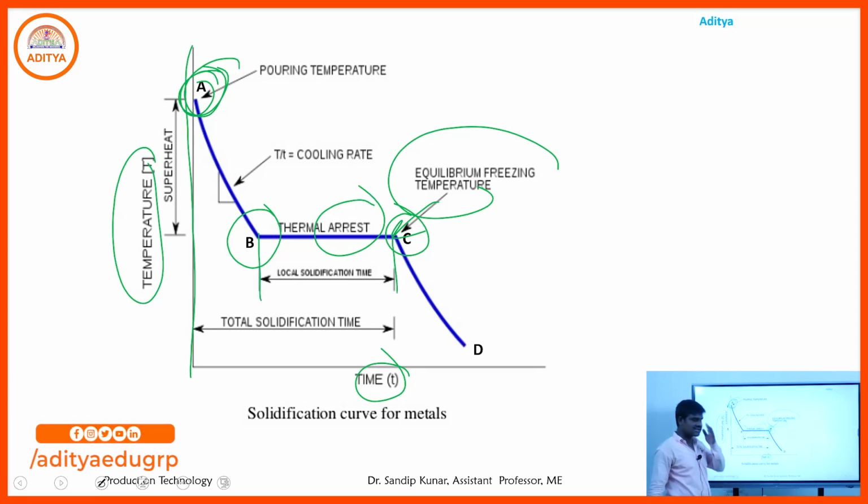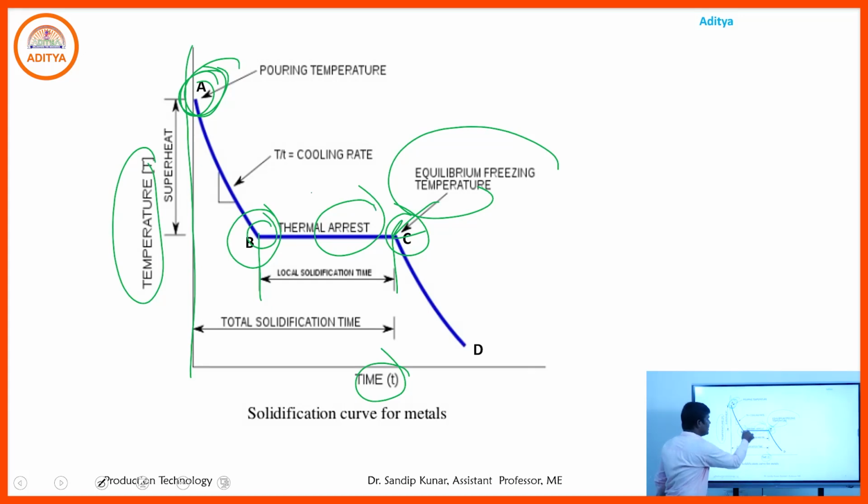That time is called the local solidification time. From point B it starts the solidification, the thermal arrest, where heat continuously decreases. Due to continuous heat extraction, solidification starts from point B and at point C it is fully converted into solid metal.